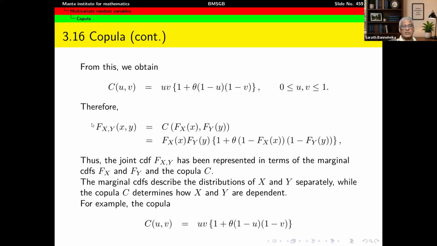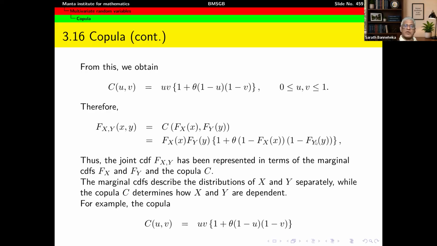So the joint CDF, which is equal to the copula according to Sklar's theorem, is equal to this expression. And when you substitute Fx(x) for u and Fy(y) for v, you get this expression, right?